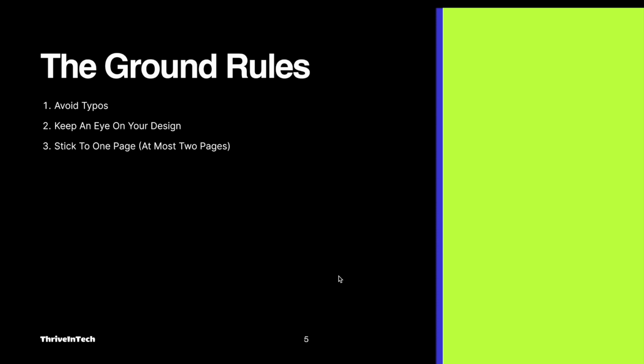The last thing on the rules is stick to one page, at most two pages. I've seen a resume that spanned across like three pages, right? A resume shouldn't be long. A resume is not a textbook, right? The reason why I said at most two pages is for those that have a lot of experience.